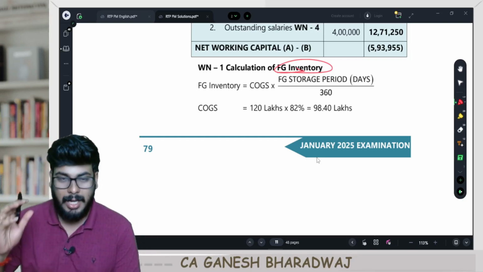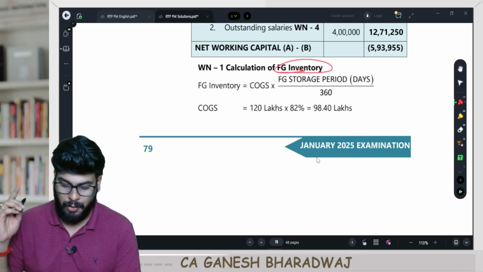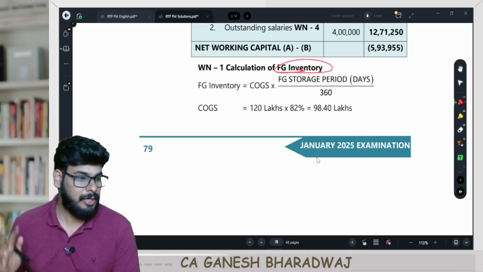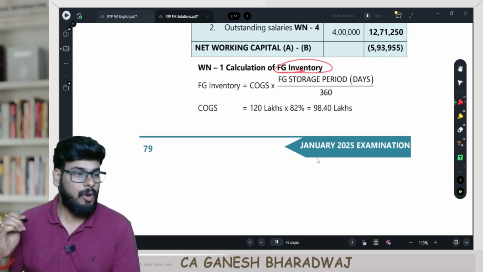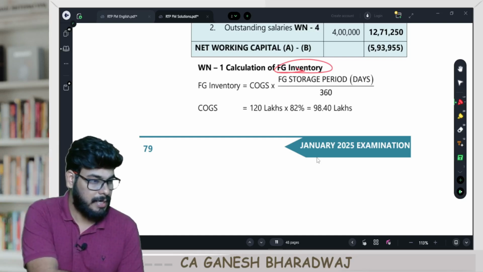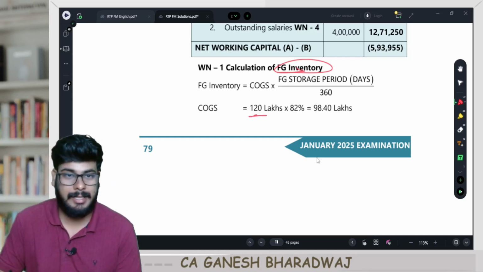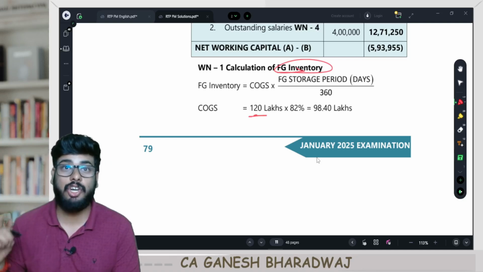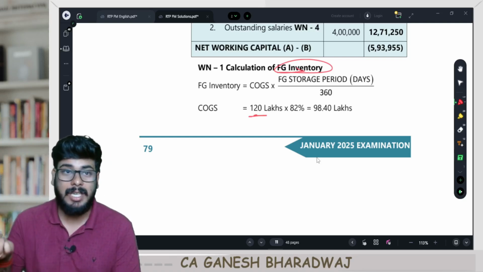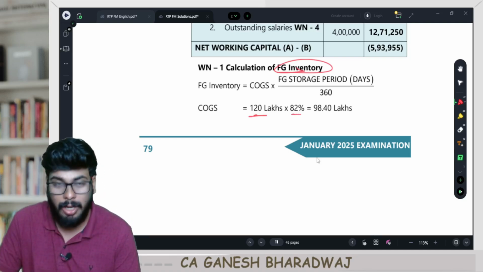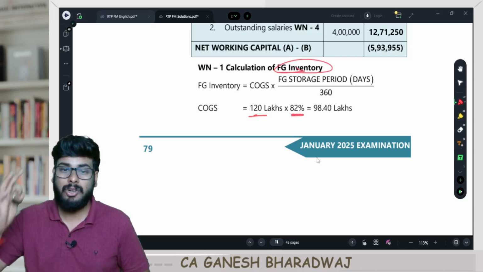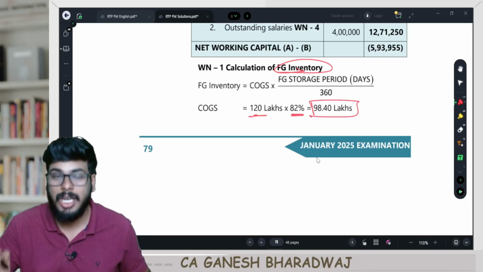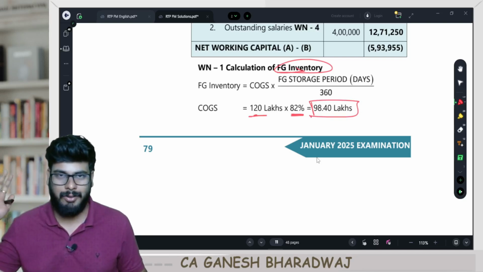There's only FG. Now guys, if you look at it, in this company, you tell me overall, what is going to be the sales? It's given in the question. 120 lakhs per annum is the sales, and 18% is the gross profit margin, which means 82% is going to be your cost of goods sold. So the annual cost of goods sold is going to be how much? 98.4 lakhs. Are you clear with this?